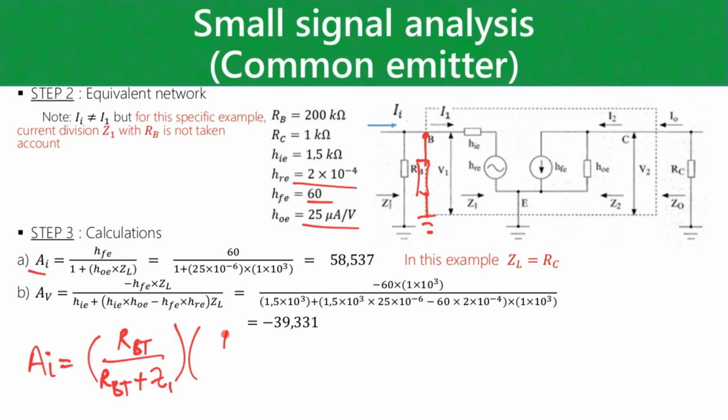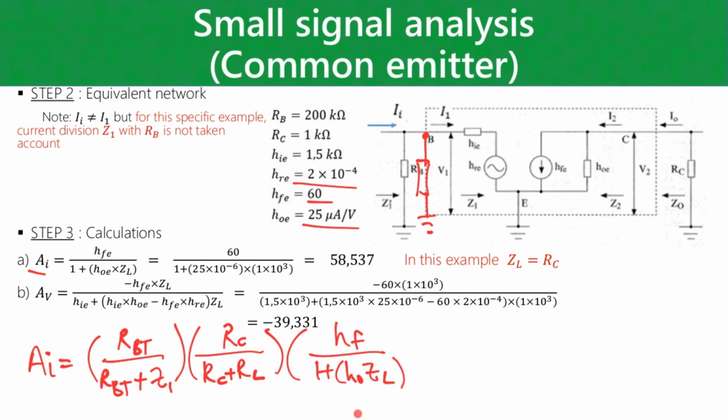The other factor you can multiply with is only applicable if you have a load resistance. If the load resistance is 0, then RC over RC is 1, multiplied by hf over 1 plus hoZL. So there's the formula, including current division.